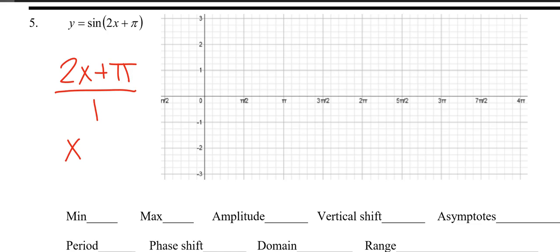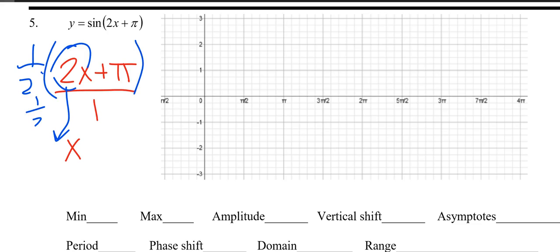So what am I going to multiply the top and bottom by so that I change this from a 2 to a 1? 1/2. And if I do it to the top, I must do it to the bottom. What will you get? On the bottom, yes, you get 1/2 on the bottom.